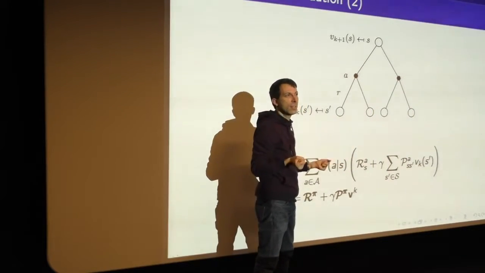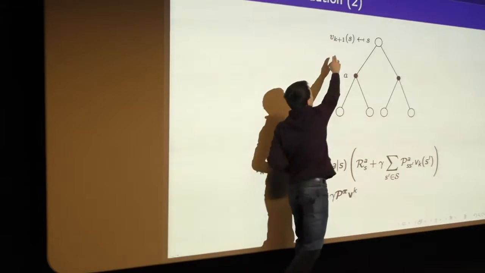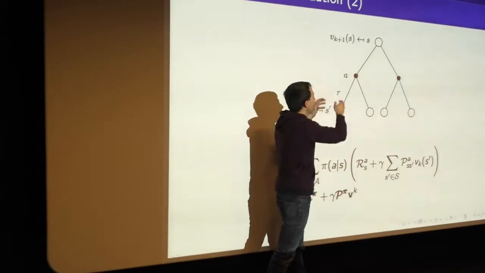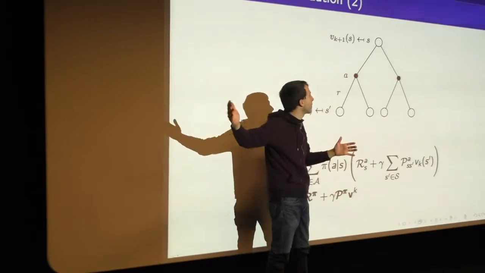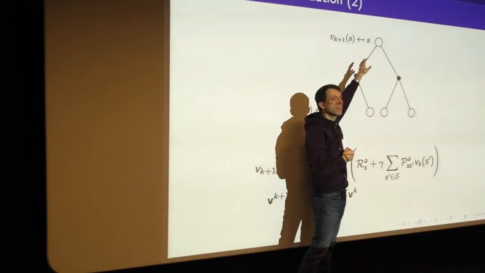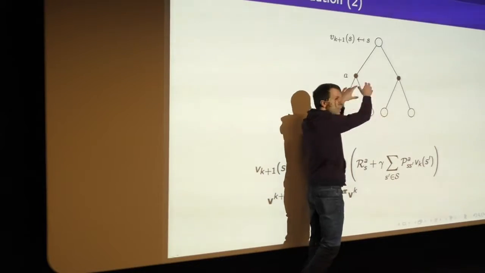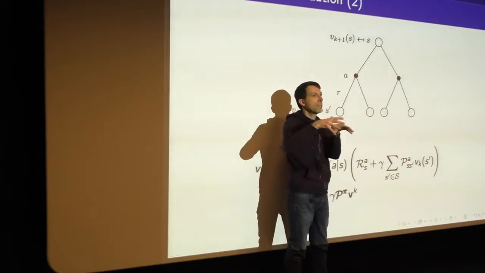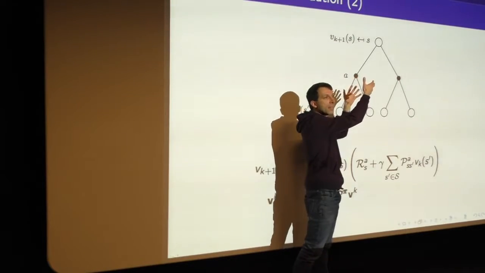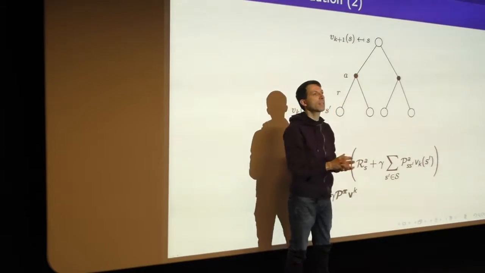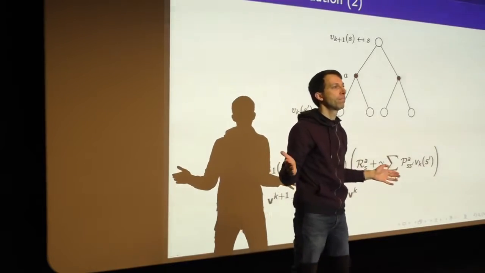We've got one state, and we're going to do this for every single state. In our sweep, in our synchronous evaluation of dynamic programming, every single state gets a turn at being the root, and so they all get one of these updates. We do this for every state in the MDP, figure out the new value of that state at the next iteration, and that gives us a complete new value function.